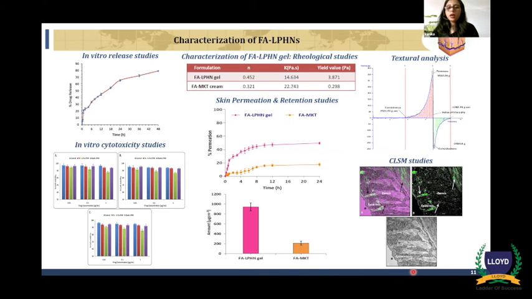So in this case, the formulation is prepared with just a fluorescent dye instead of the active drug molecule, and you perform the normal ex vivo permeation studies, harvest the skin, and then perform the confocal microscopy in order to see the extent of passage of the nanocarrier across the skin. And basically it is a qualitative study which can be performed in order to add up to the quantitative data which you got in the skin permeation profiles.